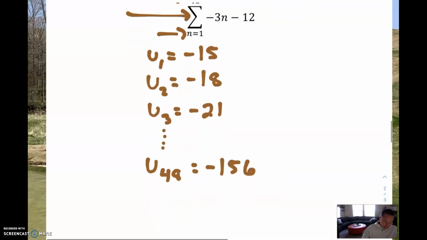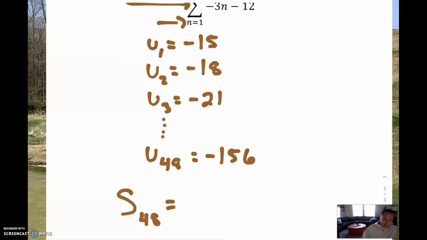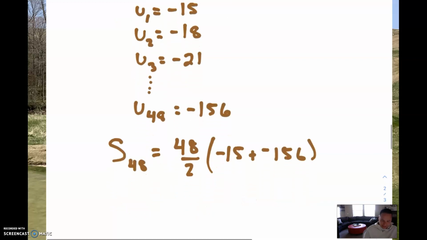So hopefully we remember how this formula works. To find the sum of these 48 terms, we're taking n as the number of terms, which in this case would be 48. So we have n over 2 times the first term, that's negative 15, plus the last term, which is negative 156.